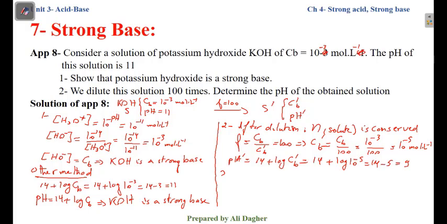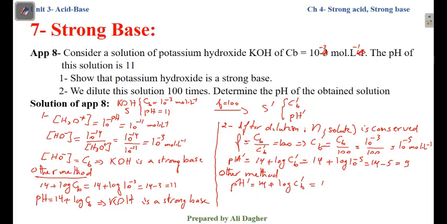Other method: this method is used when we are not given Cb to deduce C'b, but we are given pH and F. From pH and F we can deduce pH'. How? Upon dilution, C'b equals Cb over F, which is Cb over 100. pH' equals 14 plus log C'b.